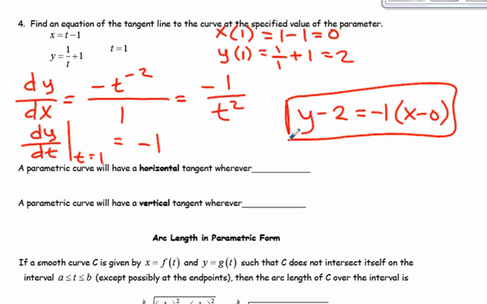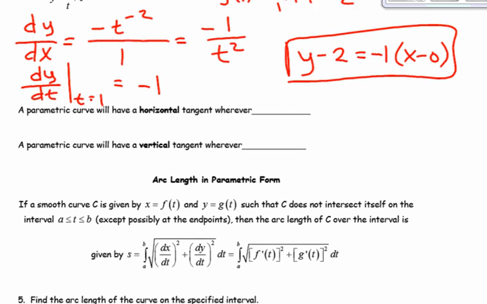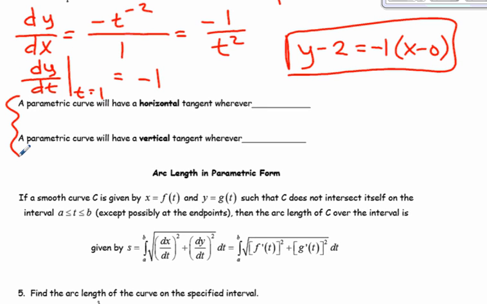So just some things to keep in mind. When you have parametric curves, remember you have the x component and the y component. So when you find dy dx, you have dy dt over dx dt. Therefore, a parametric curve will have a horizontal tangent, a slope of 0, whenever dy dt equals 0. And it would have a vertical tangent whenever dx dt equals 0.